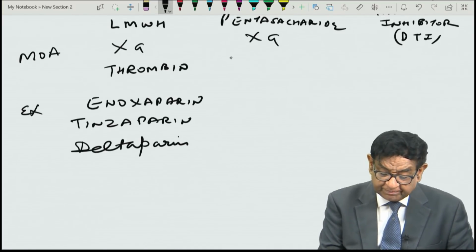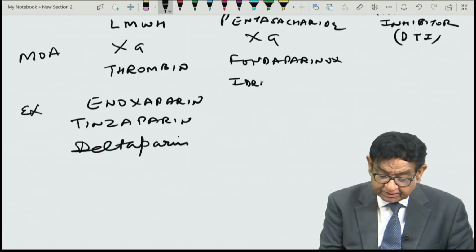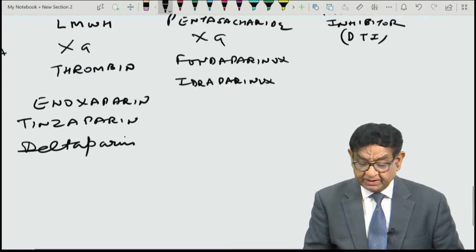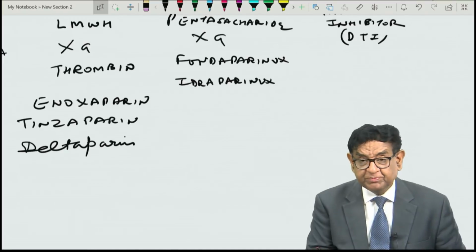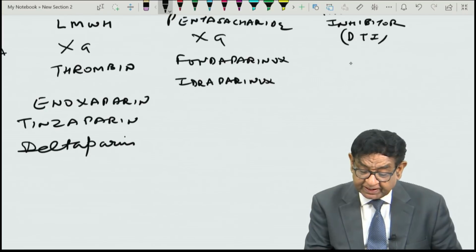Examples are fondaparinux, idraparinux. Then we talk about direct thrombin inhibitors. Obviously, if I have to talk about mechanism of action, it inhibits thrombin.